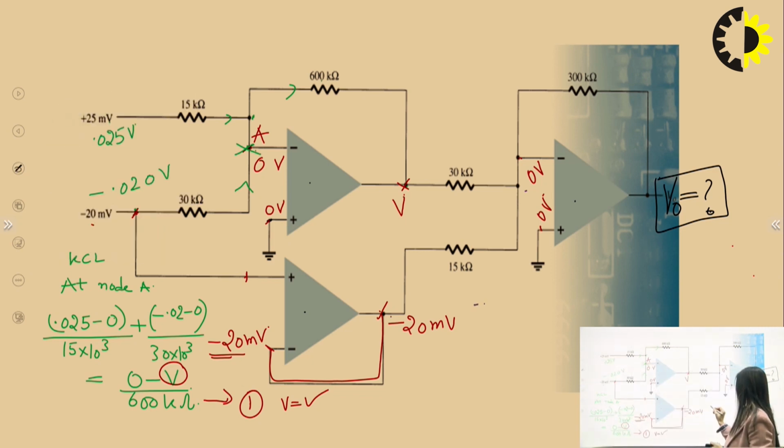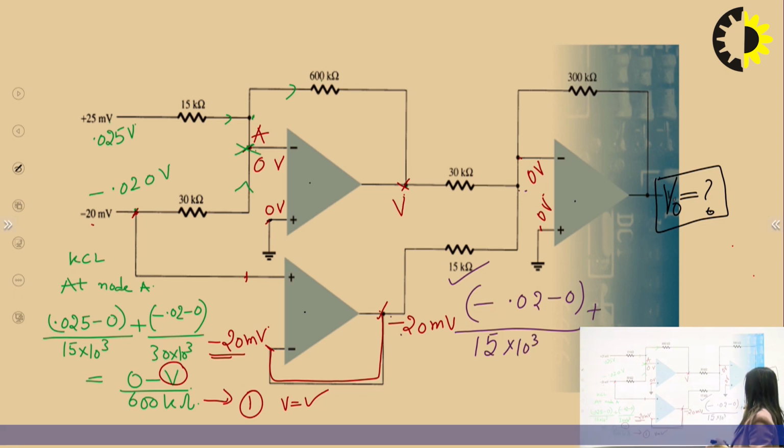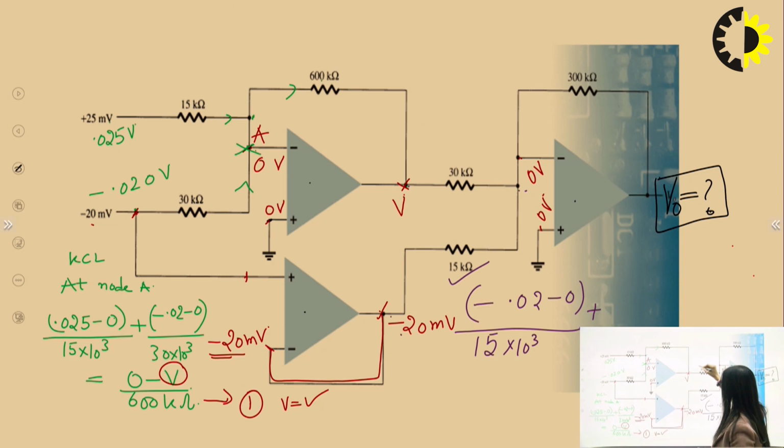Minus 0.02 minus 0 upon 15 kilo ohm, plus V minus 0 upon 30 into 10 raised to the power 3, is equal to 0 minus VO upon 300.